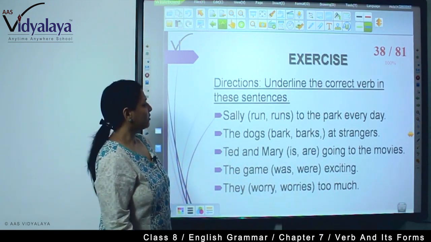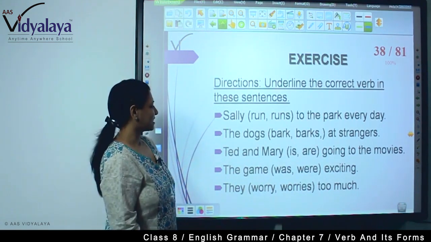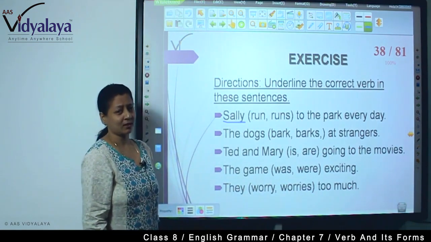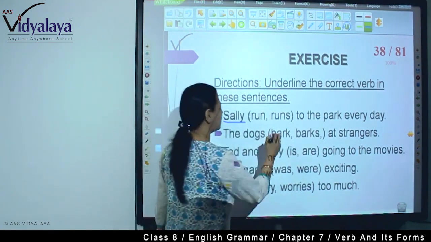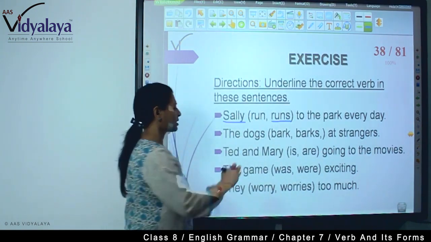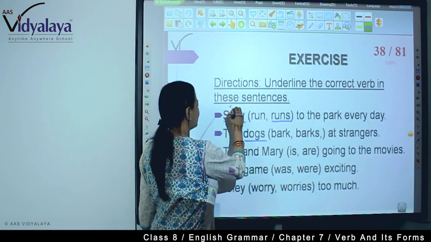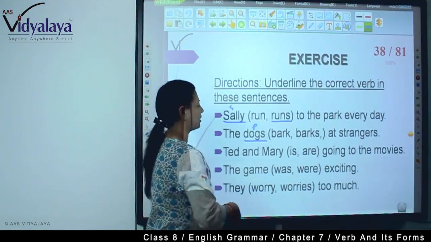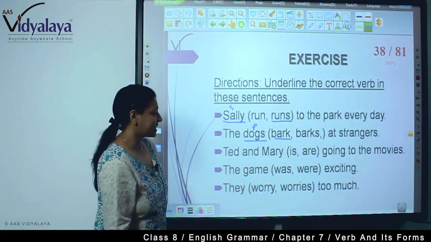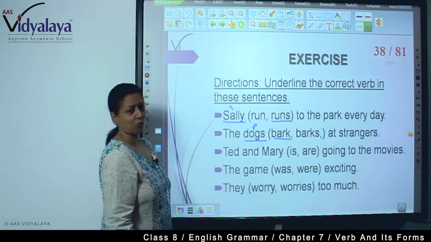Directions: underline the correct verb in the sentence. Sally. Sally is what? Is it singular or plural? It's singular. So, runs. Now the dogs is what? Singular or plural? It is plural. So, bark at strangers. Ted and Mary. Ted and Mary is what?